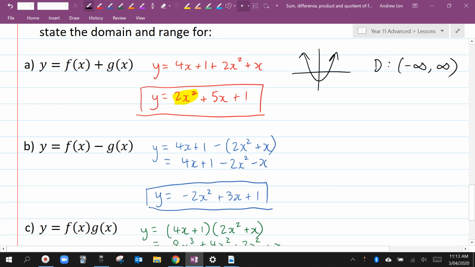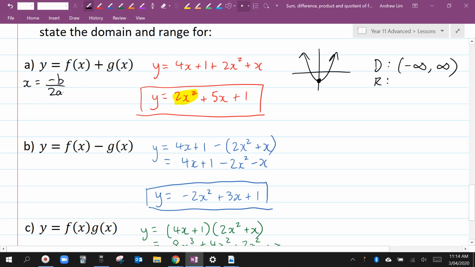What we need to know is the range. How far down does it go, or up? We want to know the y coordinate of the turning point. So in order to work it out, we need the x value of the turning point, and we use the formula x is equal to minus b over 2a.